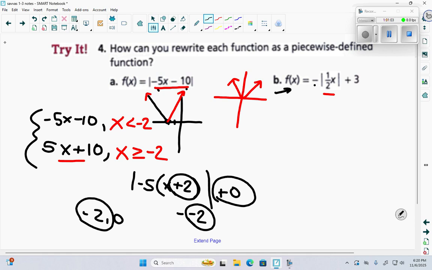It's not going V up, it's going to be V down. But this tells me it shifts up on the 3. So it's upside down, but I'm going to go up 1, 2, 3. So this is where my vertex is at, and it's going to be going down right. Again, we're not going to worry about the pattern of it. I just know that it should look like that.